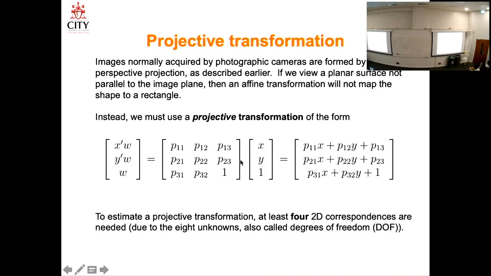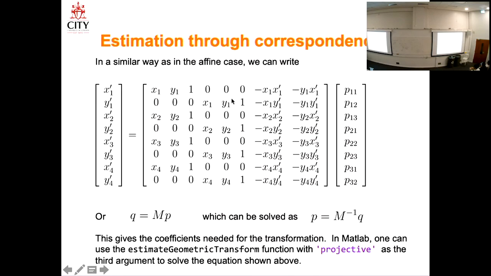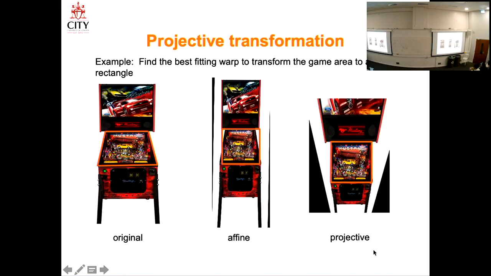Something like projective transformation. So if I have an original image like this, the affine transform converts it into something like this, but the projective one converts it into something like this. So the difference is in this yellow brownish bar here.